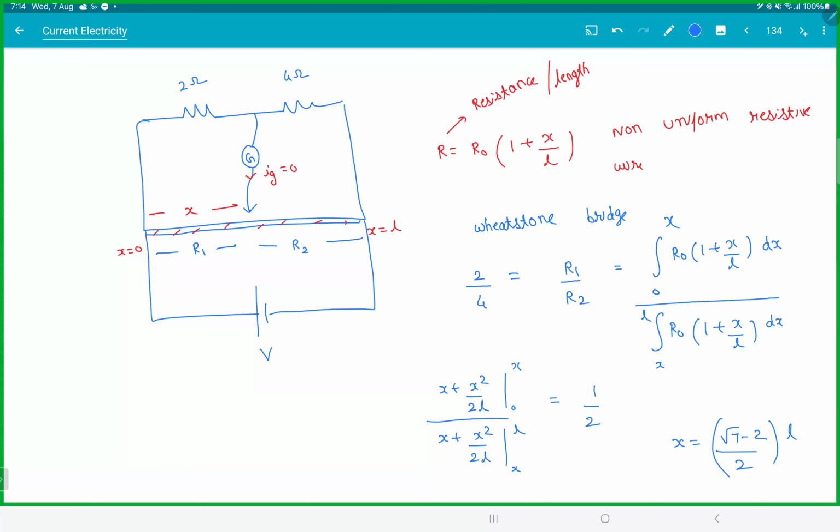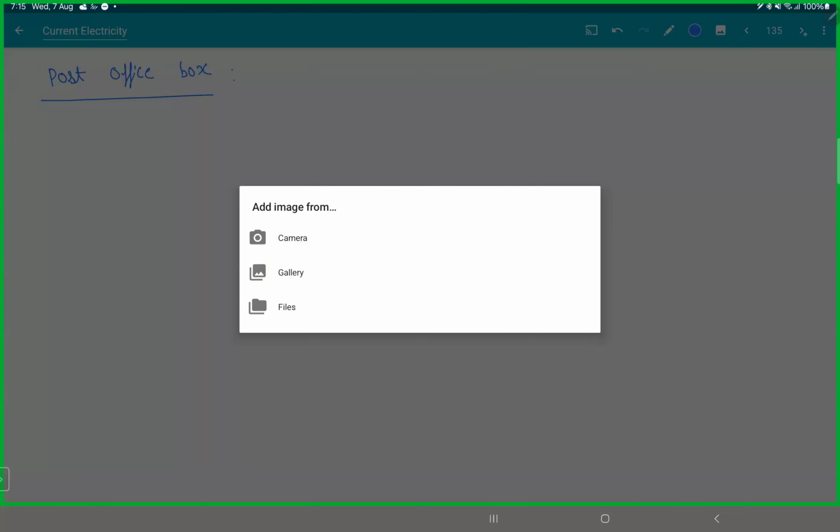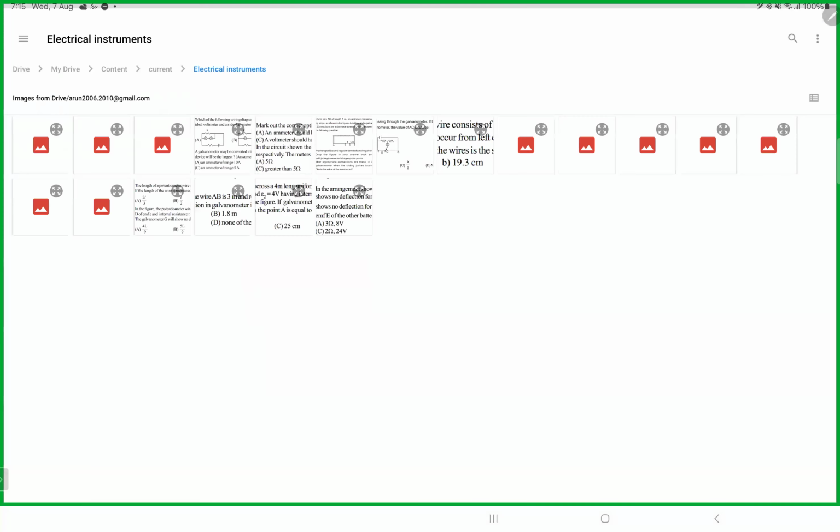Now in meta bridge, there's another version of it. We call it post office box. This equipment, if you see, this is how it looks.